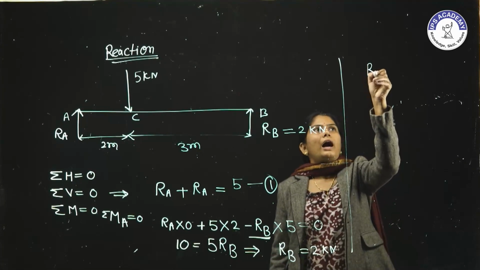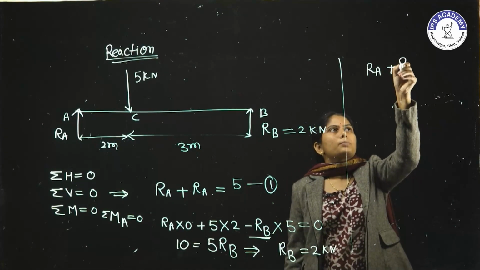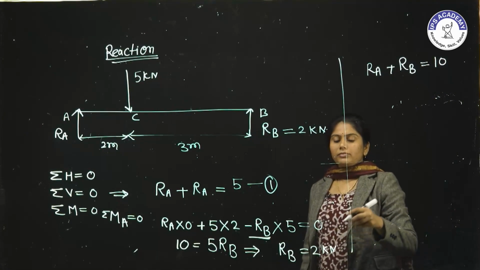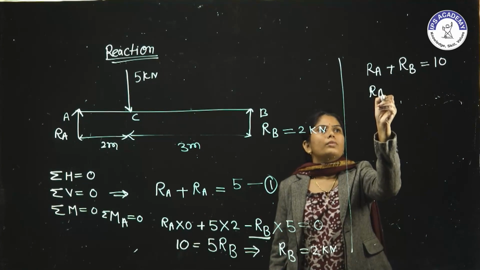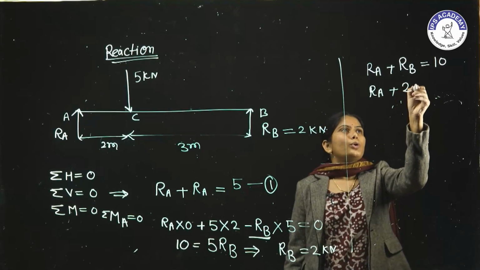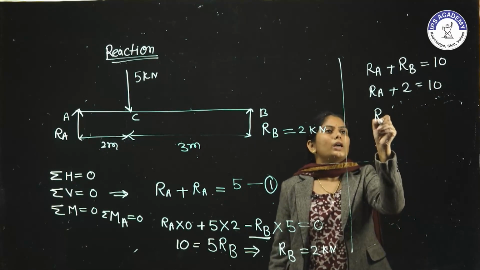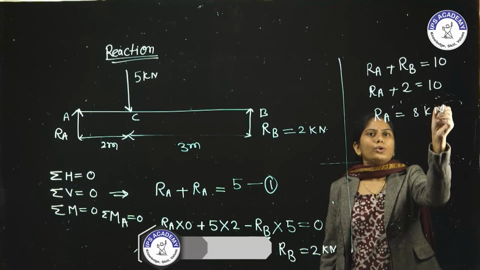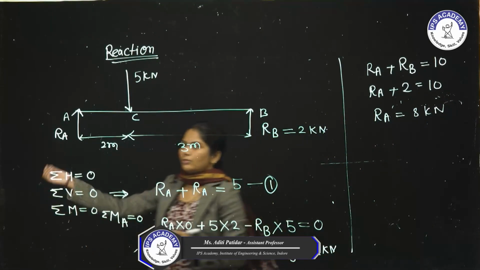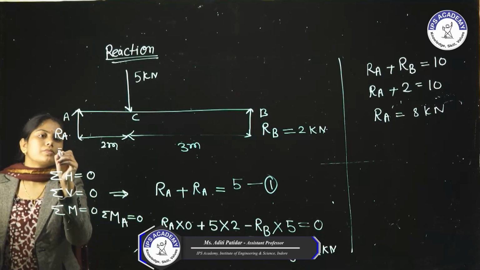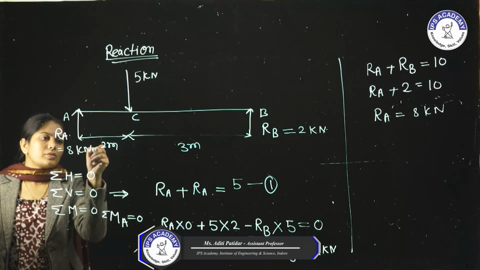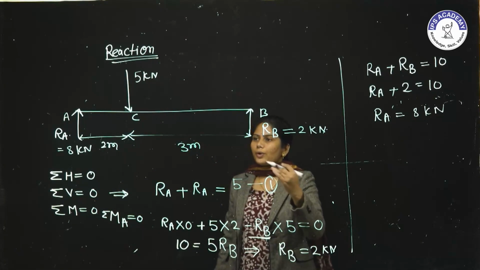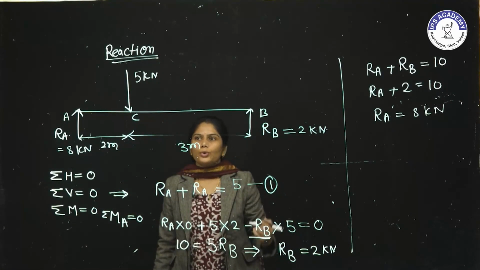We have RA plus RB equal to 5, RA plus 2 equal to 5, RA equal to 5 minus 2, 3 kilonewton. This is the value of support reactions. RA equal to 3 kilonewton, RB equal to 2 kilonewton.